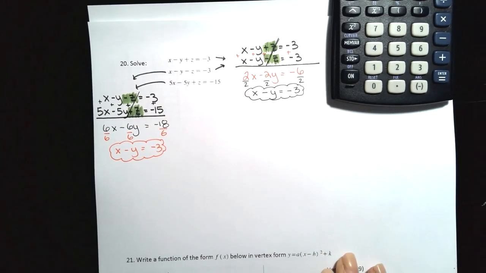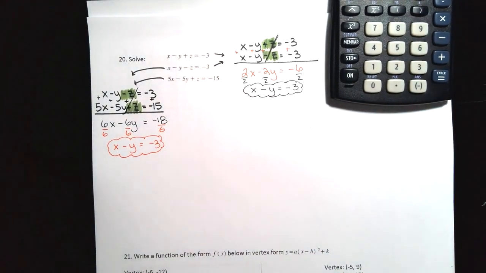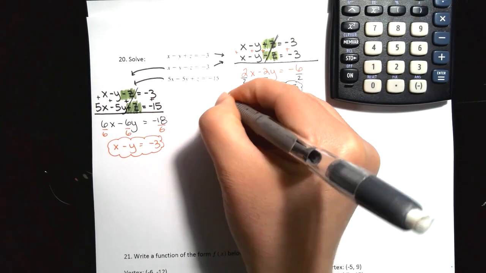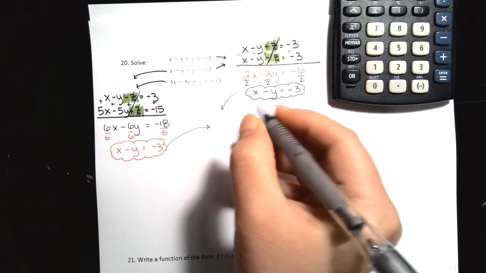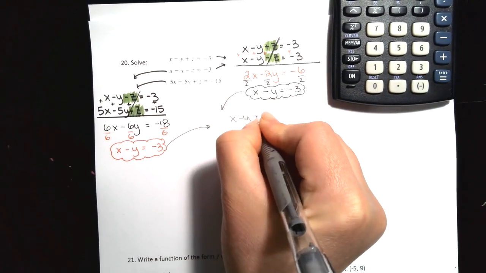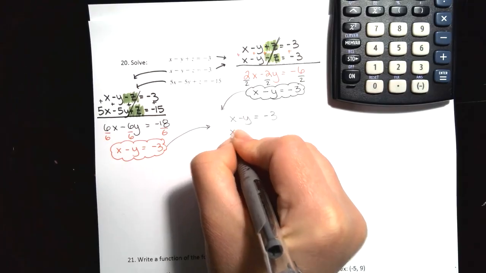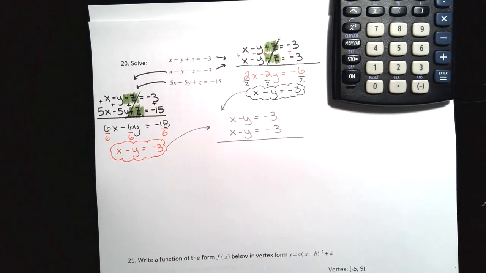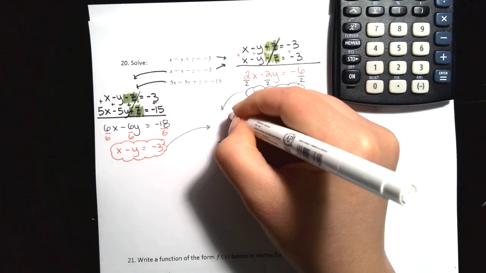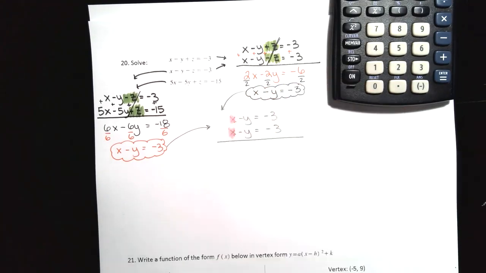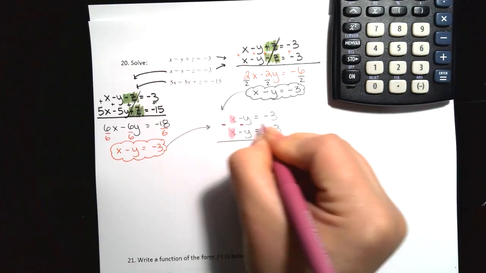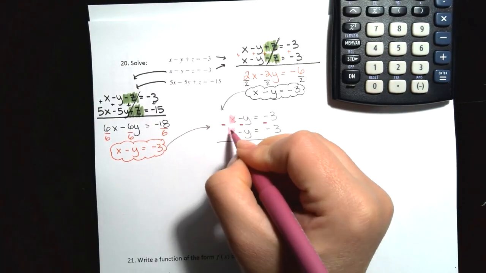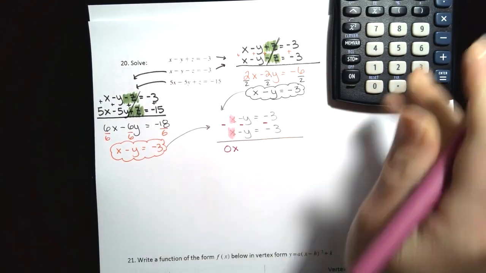Okay, don't let your eyes play tricks on you. Keep going with step number 3, which is taking our 2 equations, writing them on top of each other. X minus y is equal to negative 3. X minus y is equal to negative 3. Choose a variable to eliminate. I'm going to be choosing x. And to eliminate x, I will be subtracting. X minus x is 0 x's.